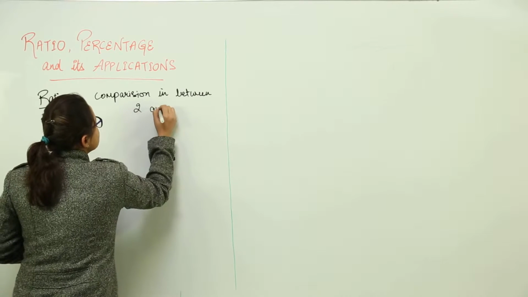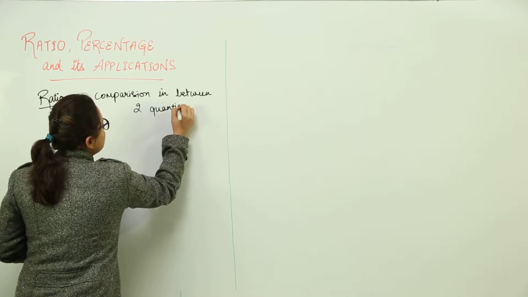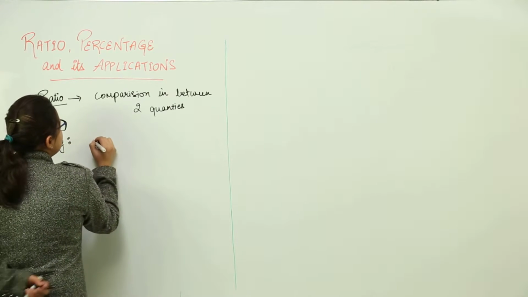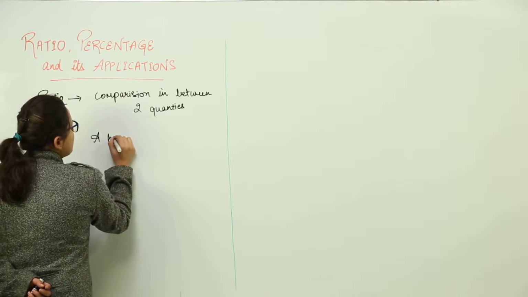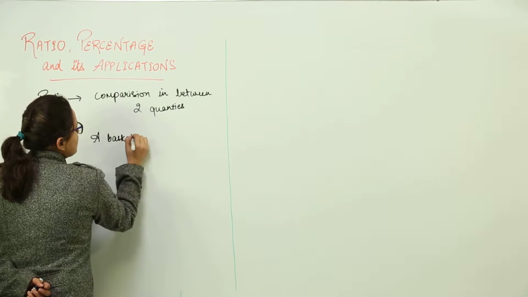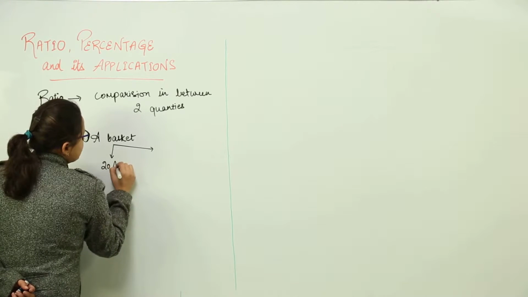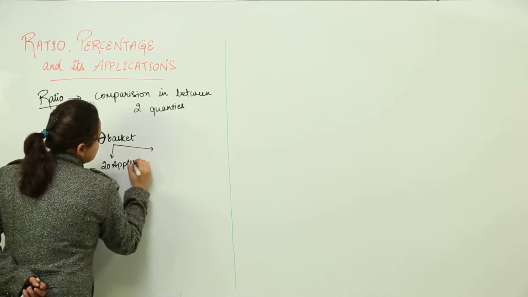Now those quantities could be anything. I am taking one example: let us assume that we have a fruit basket which contains two types of fruits. It has, say, 20 apples and 5 oranges.